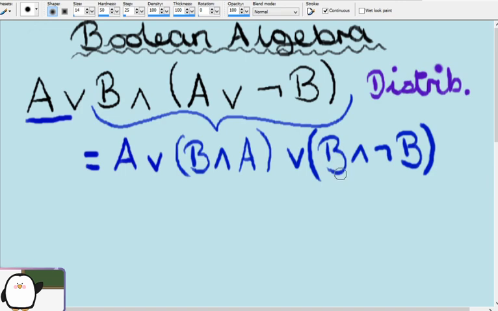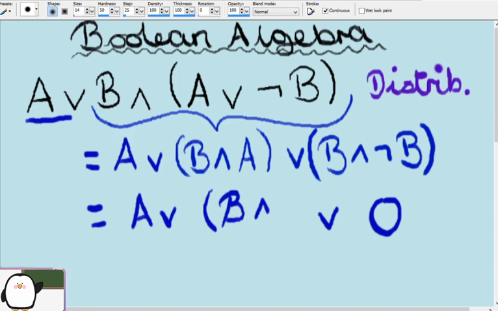Up here we have X and not X, but instead of X it's B. So we know that B and not B makes 0. We still have the rest. We have A or (B and A) or 0. And that's just using one of our general rules. So I'm just going to pop a little purple arrow to show that this becomes that.